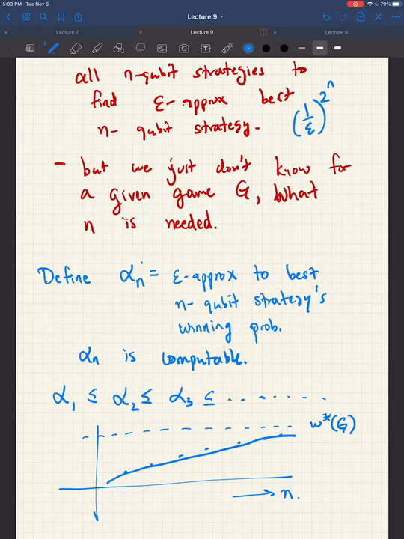So let's say you're computing these alpha n's for increasing n's, but you just don't know whether you are close or far. So that's kind of the problem.